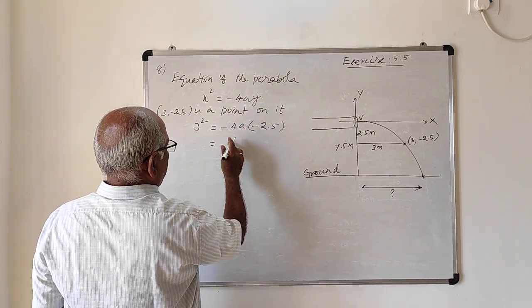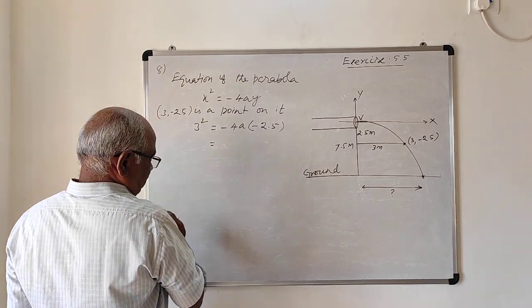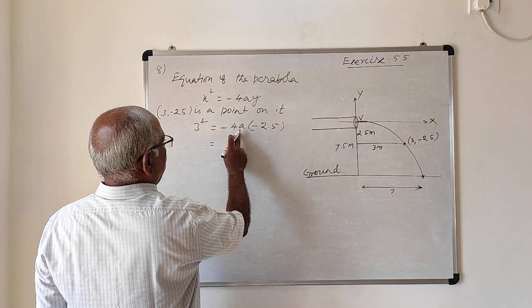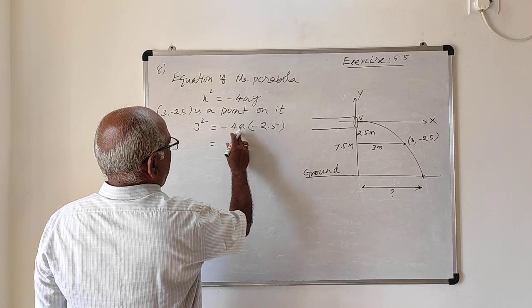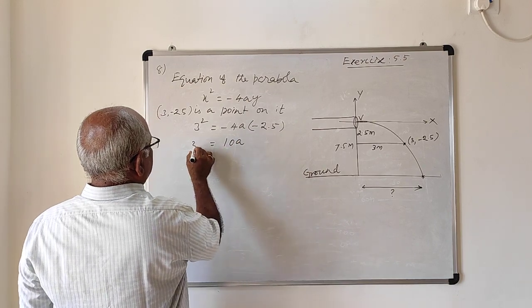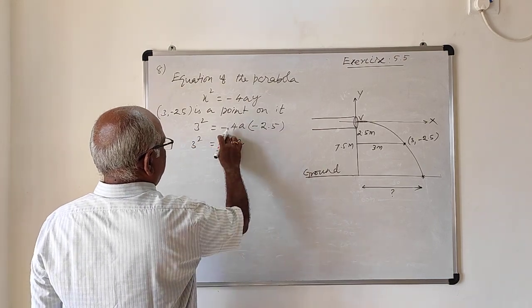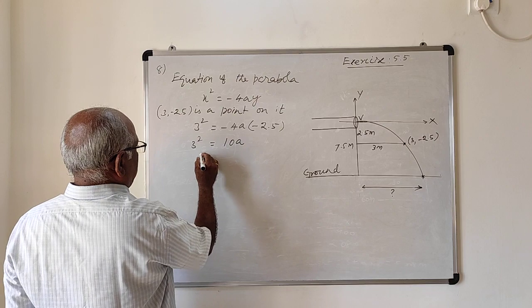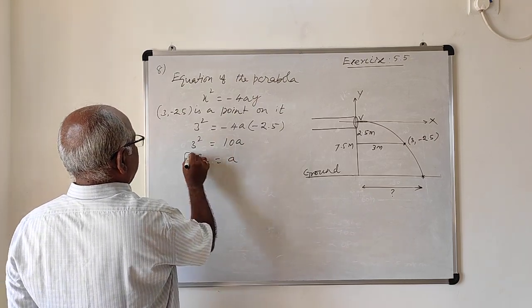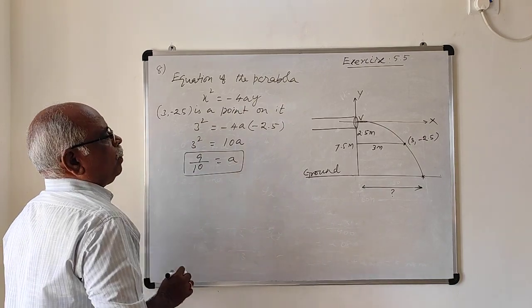Minus into minus is plus 4a. 4 into 2.5 is 10, so 3 square equal to 10a. So a equals 3 square, which is 9, by 10. This is the a value of the parabola.